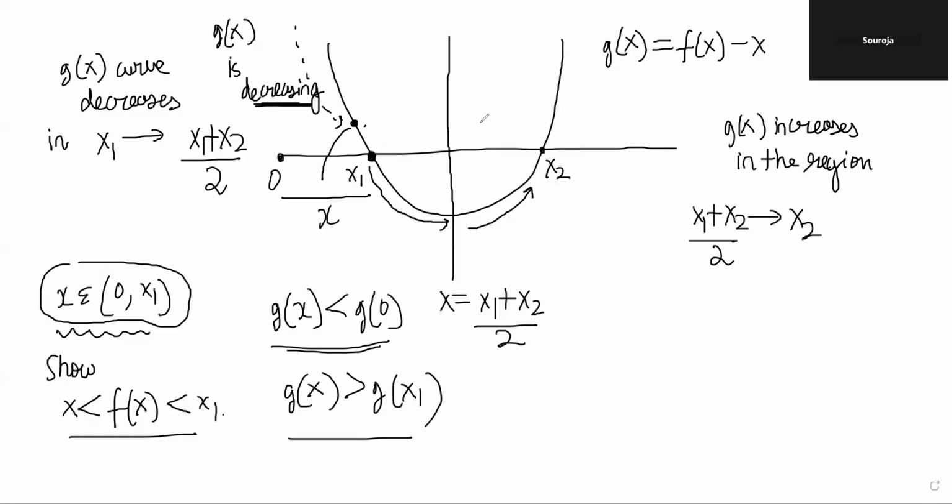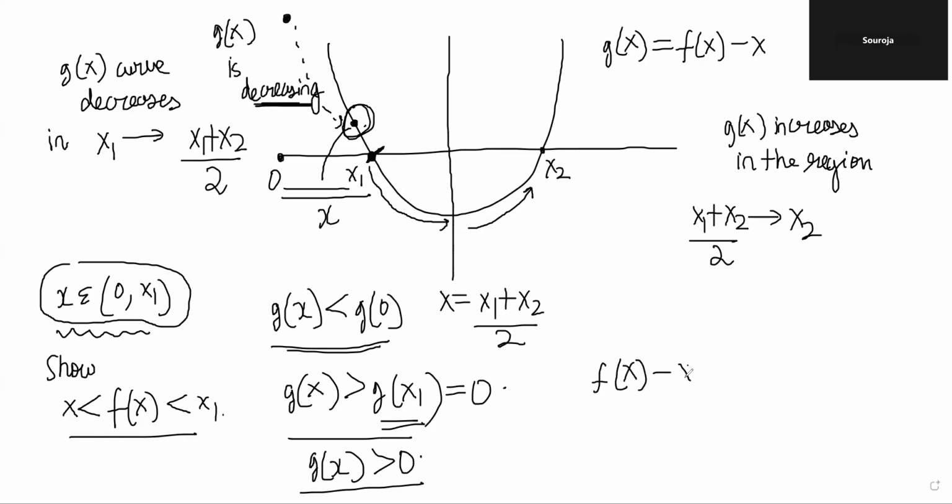I only have to look at x between 0 to x1. So g(x) will be bigger than g(x1) and smaller than g(0). And g(x1) is equal to 0, so we are getting g(x) greater than 0 in that region. And g(x) is f(x) minus x, which is greater than 0. So we have proved that f(x) is greater than x in that region.